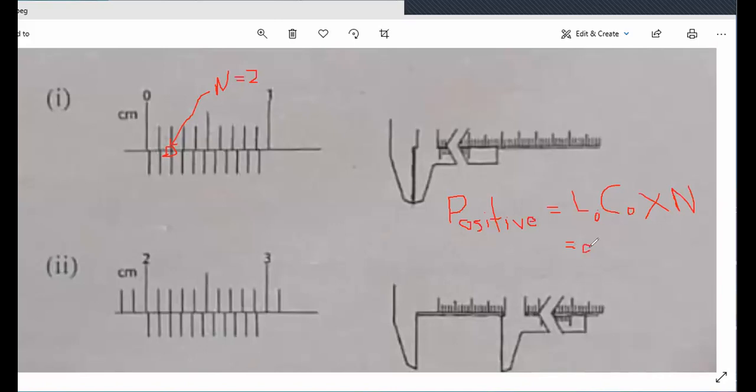So the least count is 0.1 millimeter. The coinciding number is 2. Therefore, what is the zero error here? Zero error is 0.2 millimeter. Please write it. Got it?